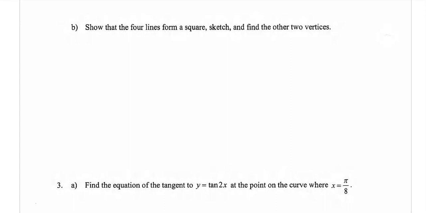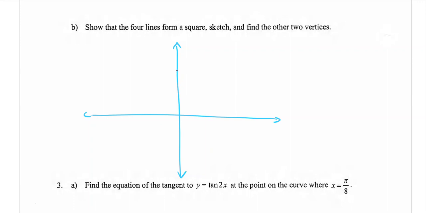The first equation that we found, look back, was y equals x plus pi on 2. So that is a line that has a gradient of 1 and a y-intercept of pi over 2.